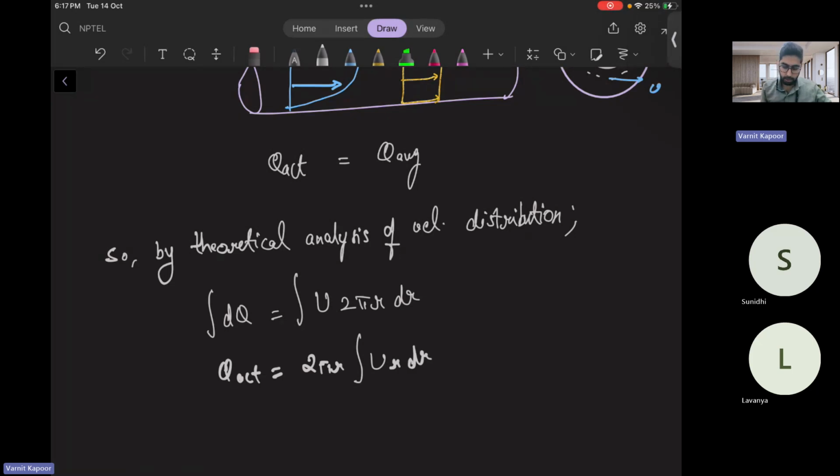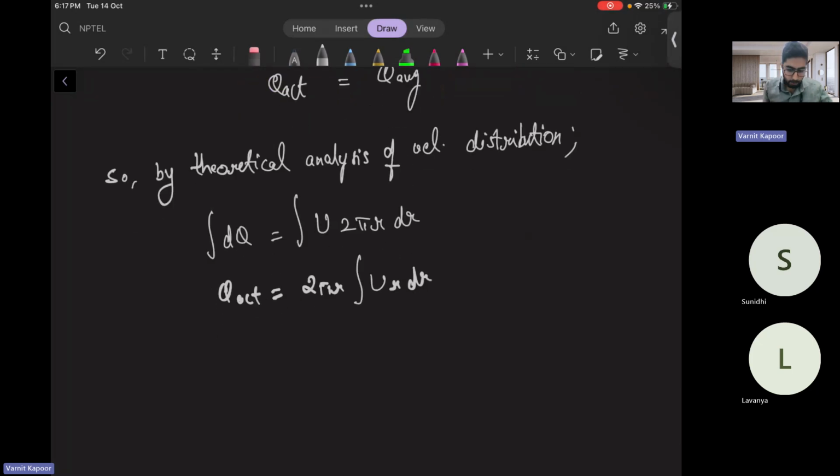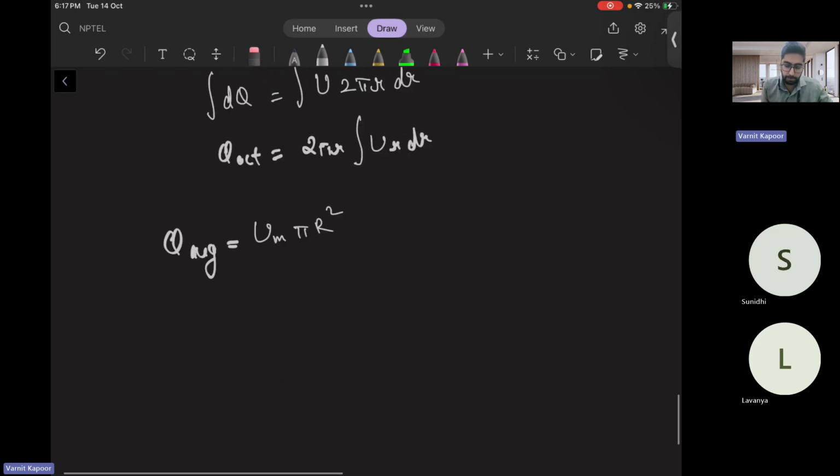We know what is the expression for u. This is your actual velocity. What will be your average velocity? Q average is nothing but u mean, which we don't know so far, and the area will be pi r square, through which flow is happening, because it is your average velocity. Now you will compare both of them.